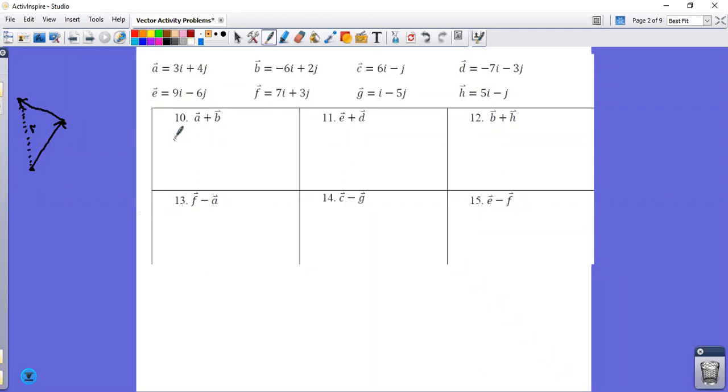But it's as simple as taking A, 3i and 4j, and adding B, -6i and 2j, and just adding the parts. So it'd be -3i plus 6j would be the resulting matrix. Anybody want to do E plus D?